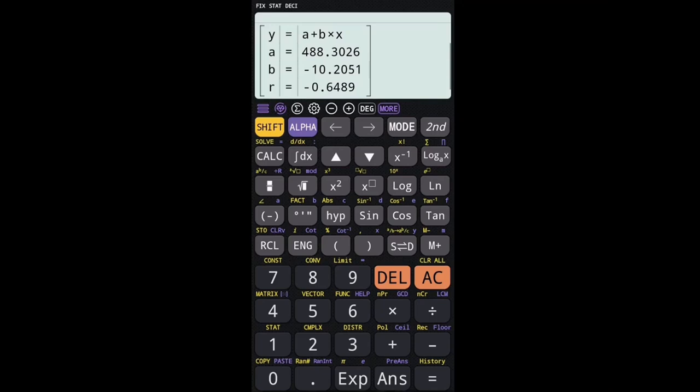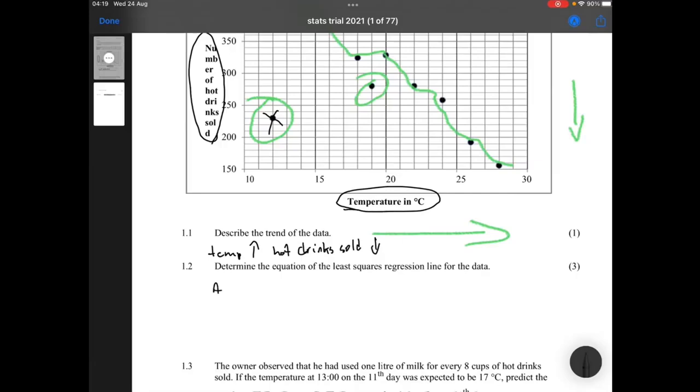They seem to be the same. And then after you've done that, you can press AC again, press Shift, press 1 again, press regression, and then press the number that has B, and then B is also minus 10.2051.